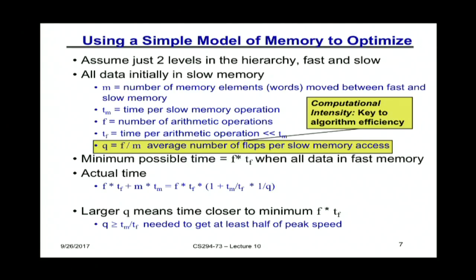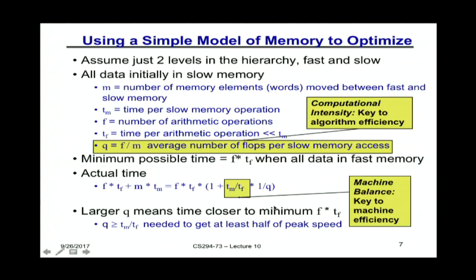When you factor out the floating point operation time, you have 1 plus this quantity. That's the machine balance, the time for memory access relative to the time for floating point operations.